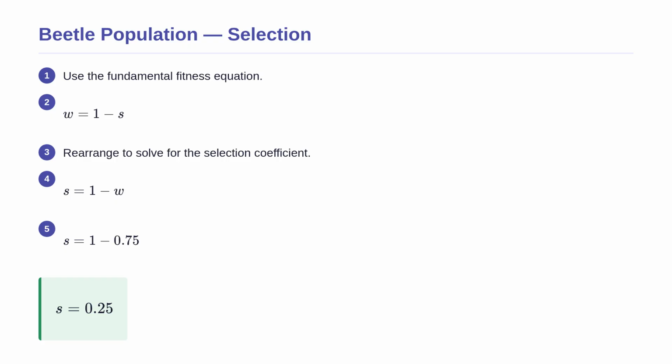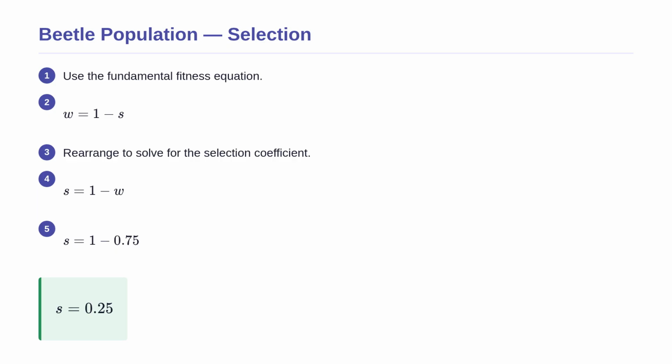Now that we have calculated the relative fitness, let us determine the exact evolutionary penalty these brown beetles face. We start with our fundamental equation, where fitness equals 1 minus the selection coefficient.